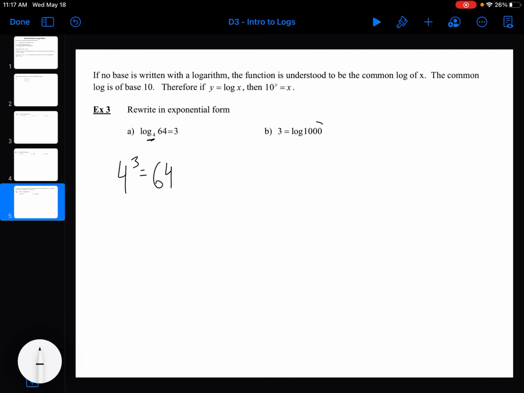If there's no base written, like in the second one, it's always assumed that it's base 10. So in this one, we would have 10 to the 3 equals 1,000, which is correct. So if there's no base written, you're looking at base 10.